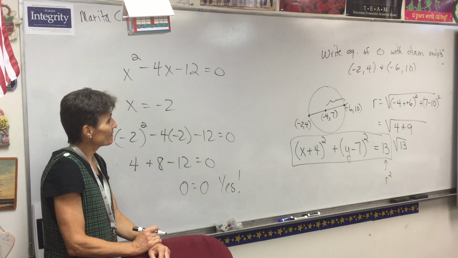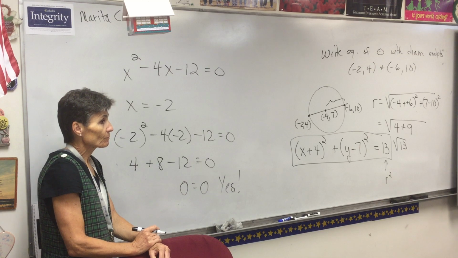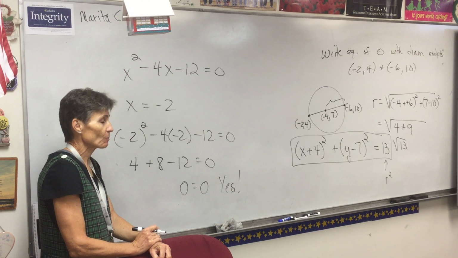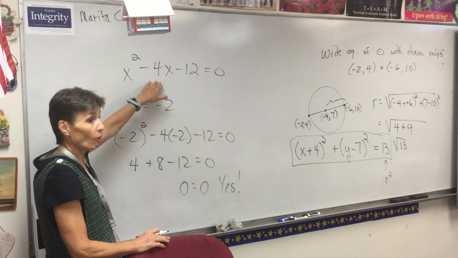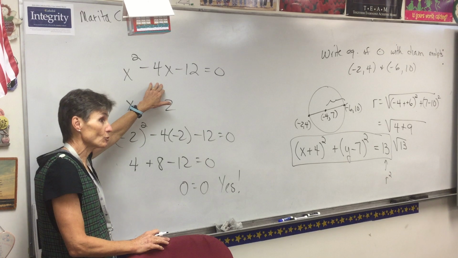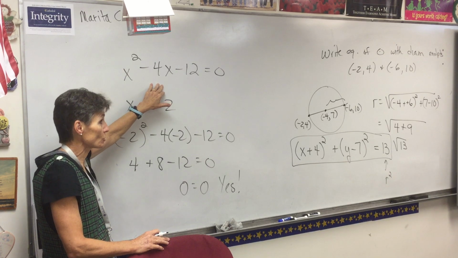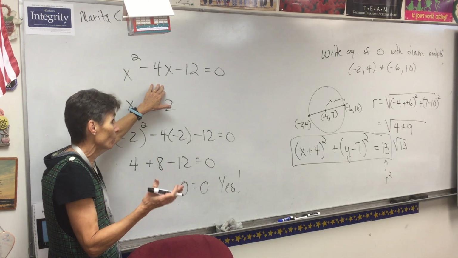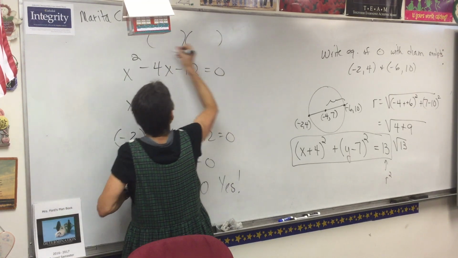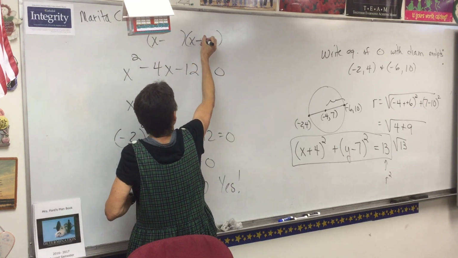Anybody do that problem a different way? You're the one that told me to plug in -2. Okay, what's another way? Factor. Solve that equation. And he said factor it. You could also use the quadratic formula. You could also complete the square, whatever you remember how to do. But that one does factor.